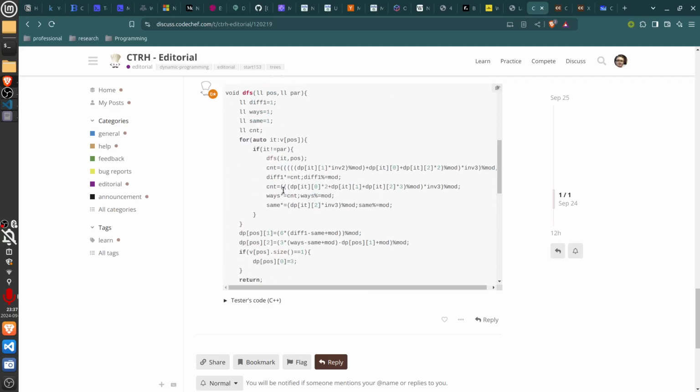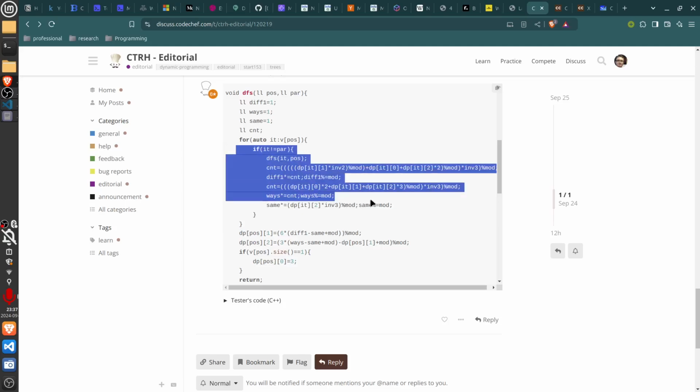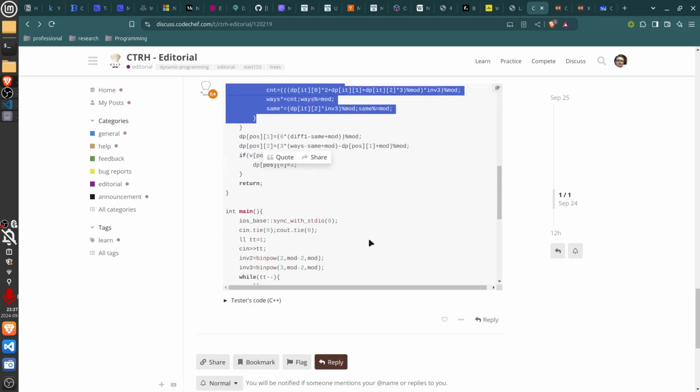You're not really using a rerooting of the tree, I don't think so. You're just doing these transitions here. Oh, this is a post-order traversal though. Okay. Yeah. Okay.